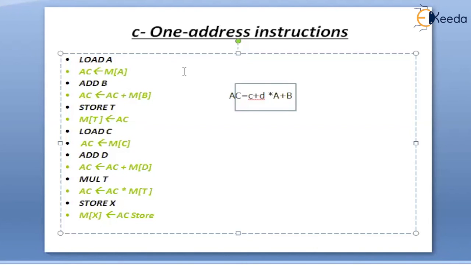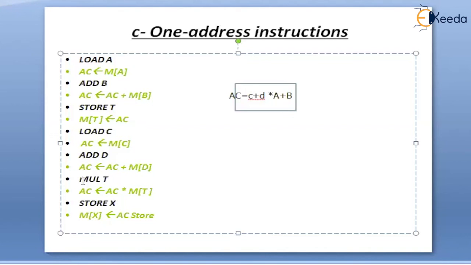First, load A, accumulator is equal to A, add B, accumulator is equal to accumulator plus B, A plus B, store T. The contents of the accumulator will get transferred to T. Now we need to perform C plus D. Load C, accumulator is equal to C, add D, accumulator is equal to C plus D, MULT. The contents of the accumulator C plus D will get multiplied with T. What is T? T is A plus B.